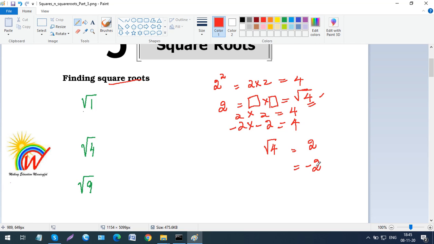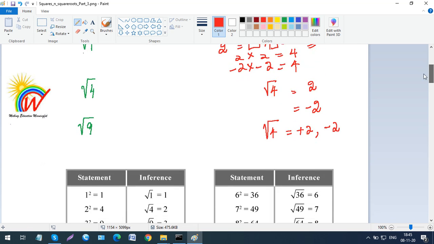So when we say square root of 4, there are two possible answers: plus 2 and minus 2. We write it together as plus or minus, with a plus and a minus one above the other, and then 2. So the square root of any number will be taken as plus or minus the root.